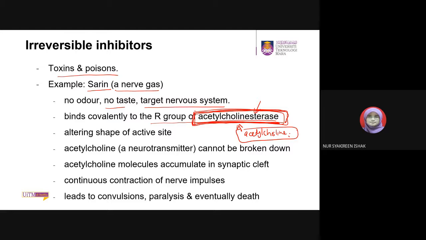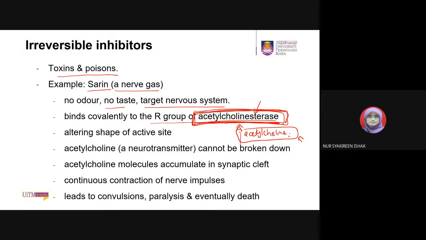Acetylcholine is a type of neurotransmitter that allows for the transmission of impulse between neuron and muscle cell. The transmission of impulse from neuron to muscle cell causes the muscle cell to contract.